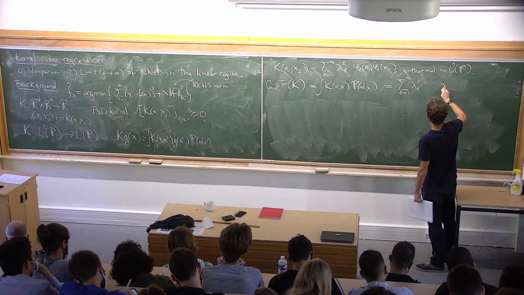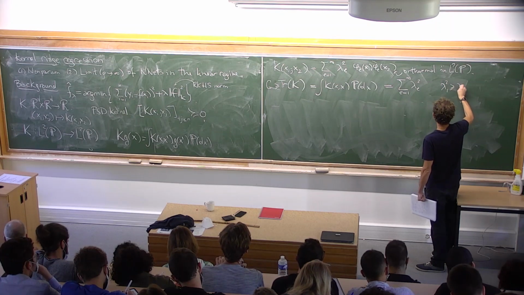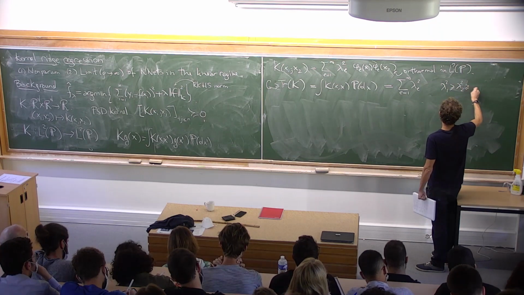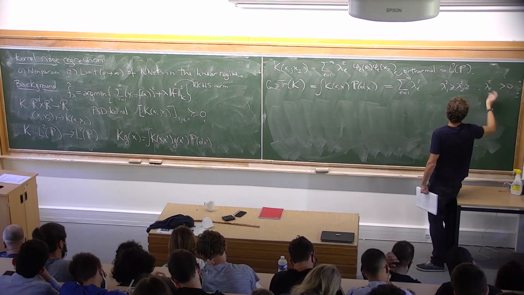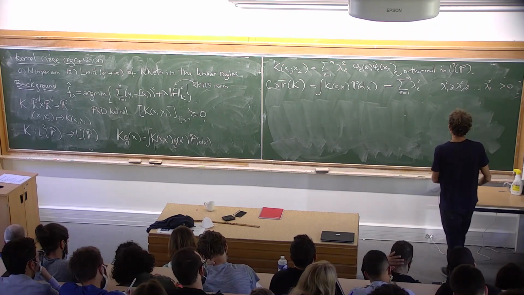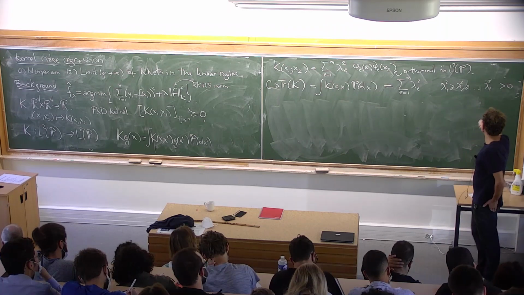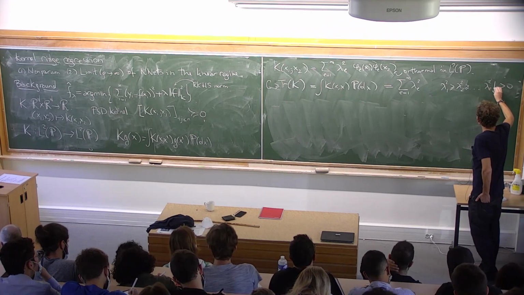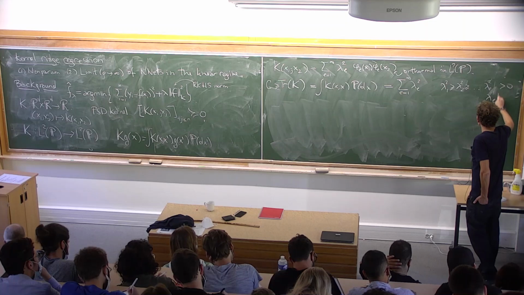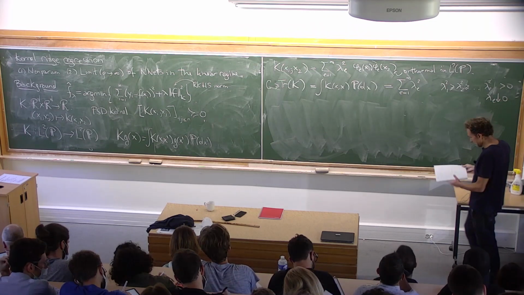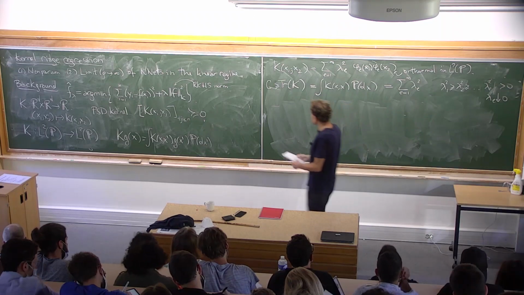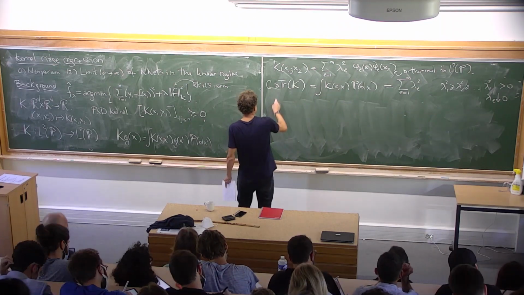So these eigenvalues you can order. I'll take them all strictly positive, and they go to 0. Very nice. Okay, so this is everything about the kernel.